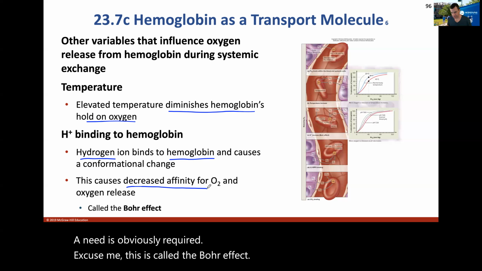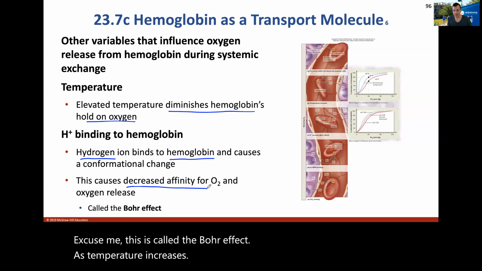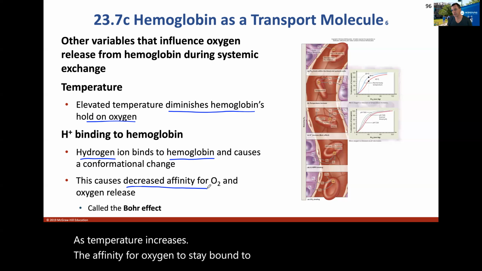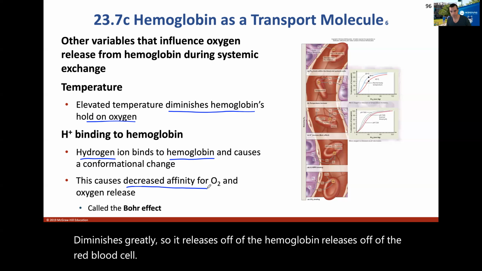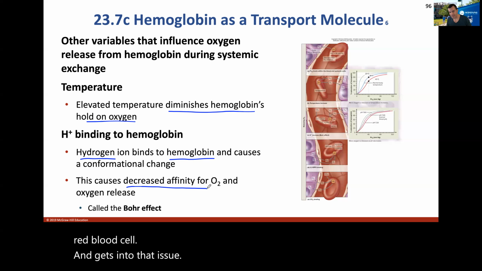As temperature increases, the affinity for oxygen to stay bound to hemoglobin diminishes greatly. So it releases off of the hemoglobin, releases off of the red blood cell, and gets into the tissue. As that is happening, hydrogen ions are going to bind to it.